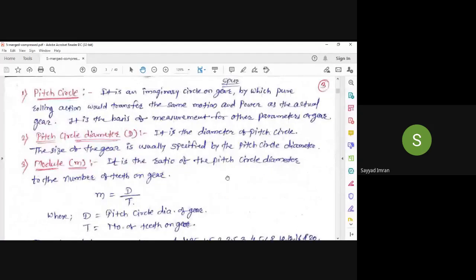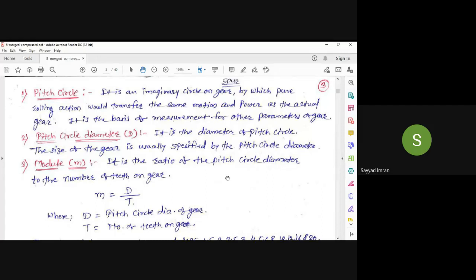It is the diameter of the pitch circle. The size of the gears is usually specified by the pitch circle diameter. If you go to the market and want to purchase a gear, at that time you have to tell the pitch circle diameter as well as the module.